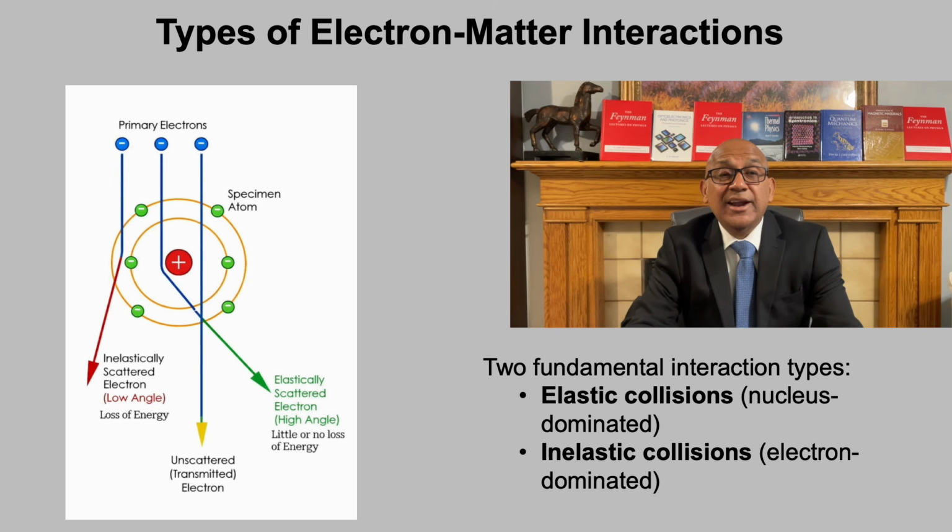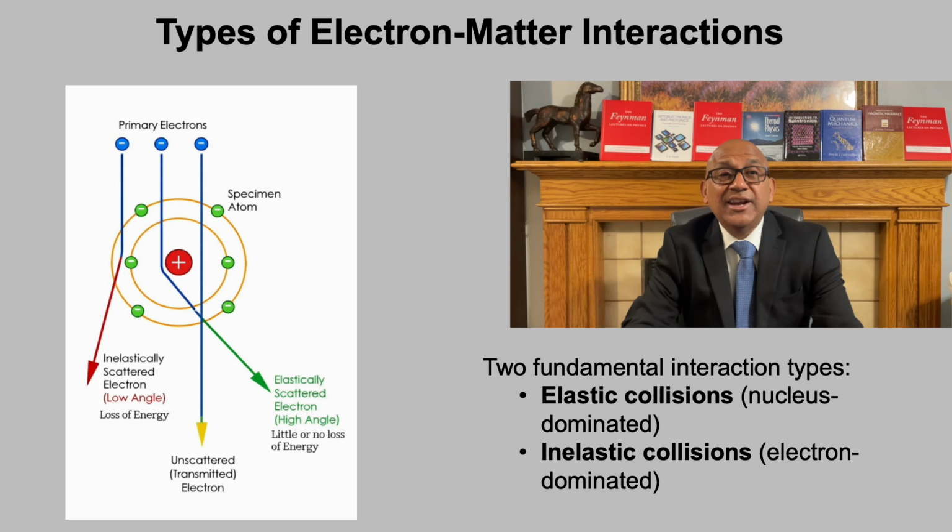If the electron interacts primarily with the atomic nucleus, it is deflected through a large angle while losing little or no energy. This is an elastic collision, shown by the strongly bent trajectory on the right.